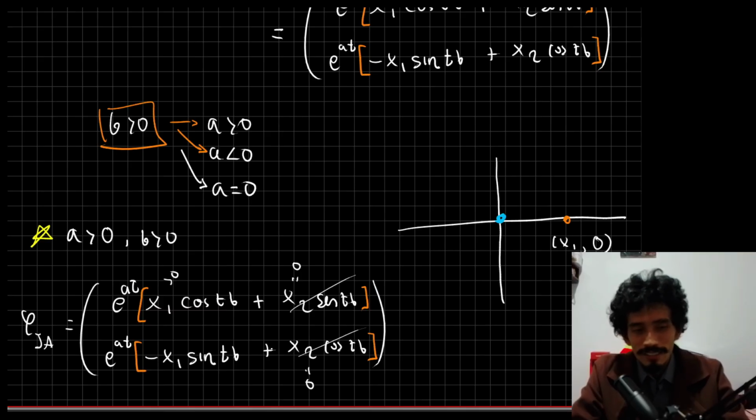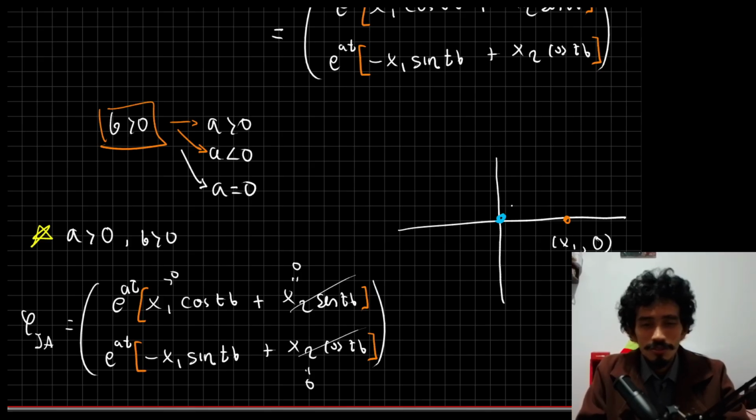You know that cosine and sine are periodic functions, so they will have some bounded variation. It won't change really that much. But the thing that is really interesting is that this term here, when t goes to plus infinity, will go to plus infinity. So even though this part has a bounded variation, the whole thing will blow up.